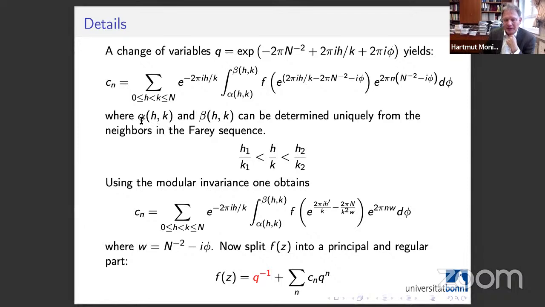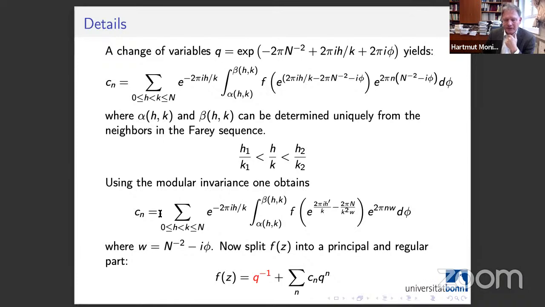So this function f here, which is the Hauptmodul which we are going to calculate, can be estimated in these Farey arcs basically by this contribution 1 over q.